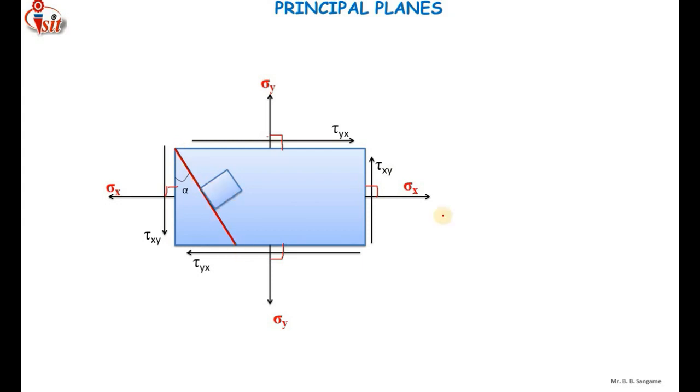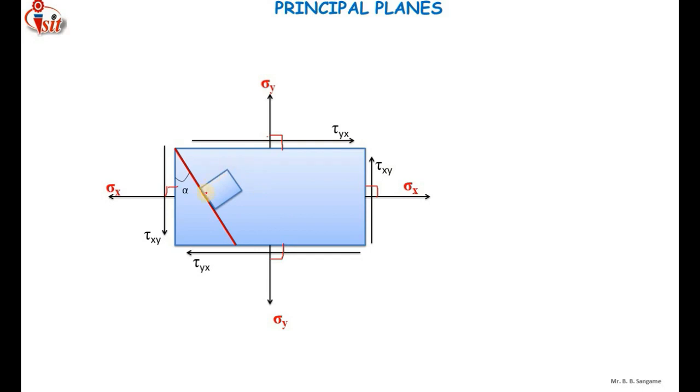When you apply a force along the x and y directions, there will be a stress, and on this particular smaller element there will be a stress in this manner. The principal stresses are actually acting normal to the area, but we have to neglect the shear stress.